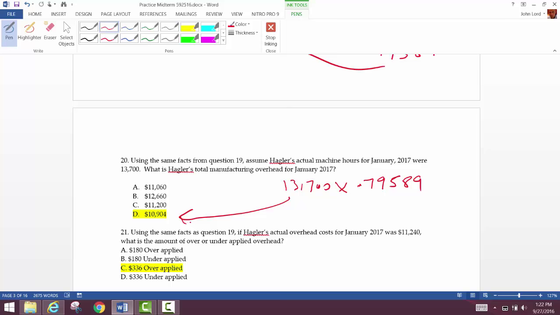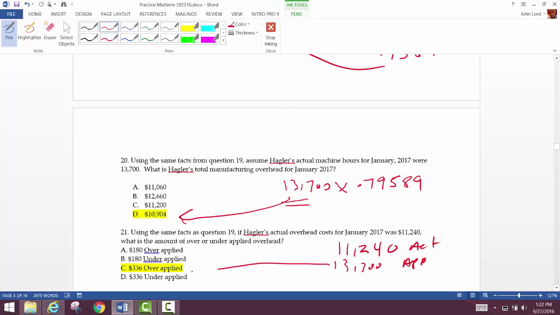Okay, good. So then I say using the same facts, if their actual overhead is 11,240 and what? 13,700 is the applied, isn't it? Actual versus applied.